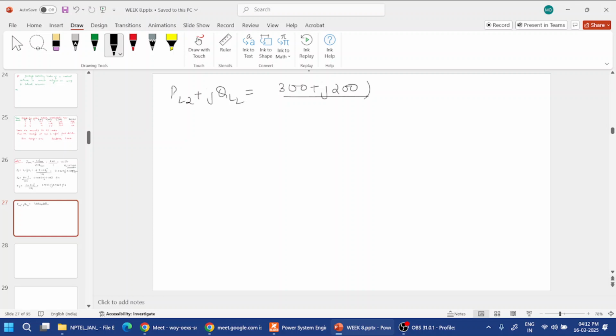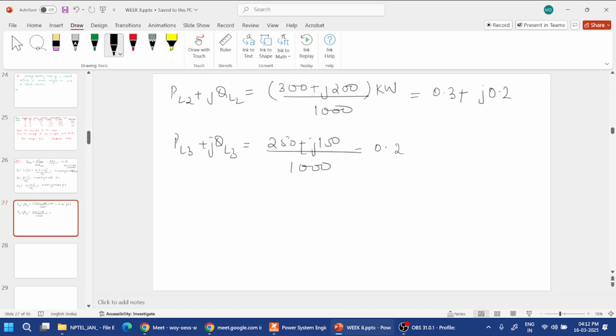MVA base is given as 1, so we divide by 1000. I hope it is clear: 0.3 plus j0.2. On similar lines, PL3 plus jQL3 is 250 plus j150 divided by 1000, which comes out to be 0.25 plus j0.15.